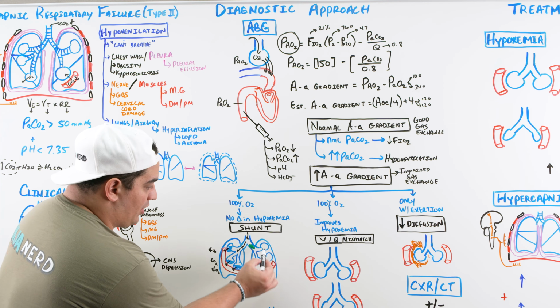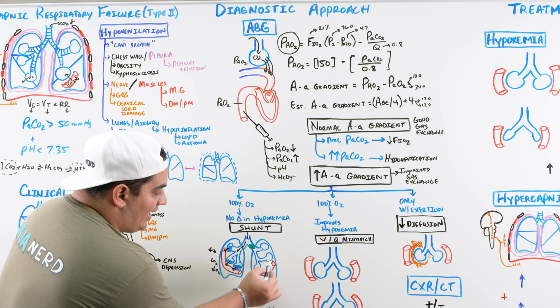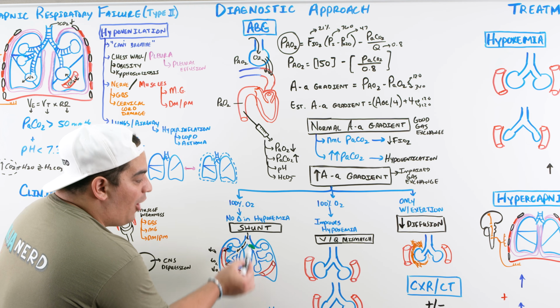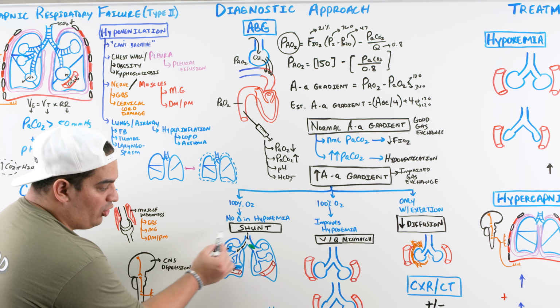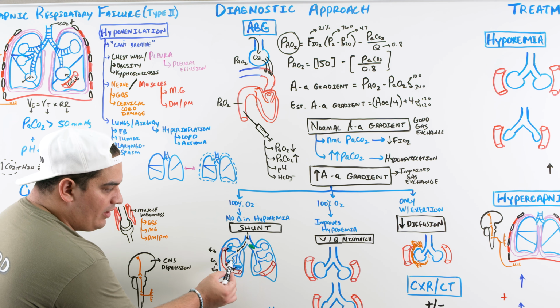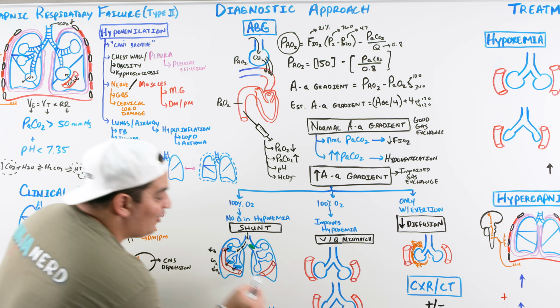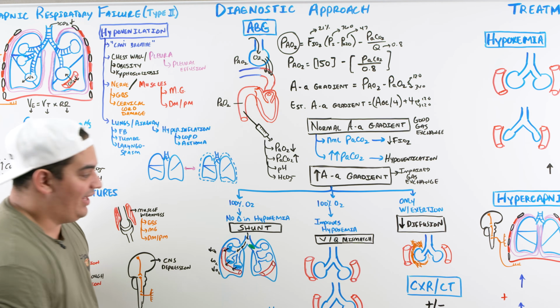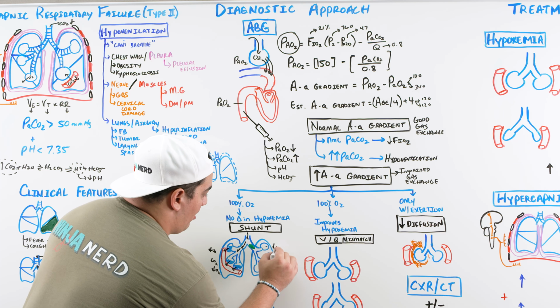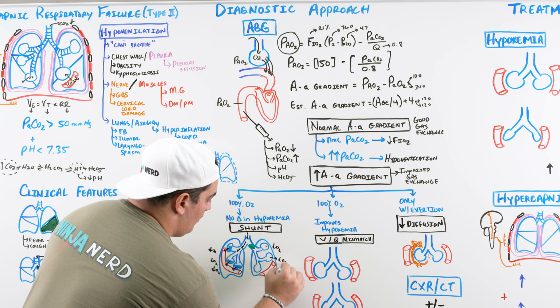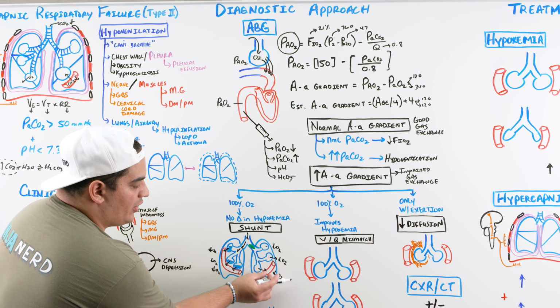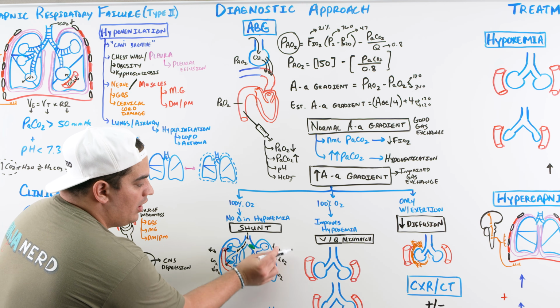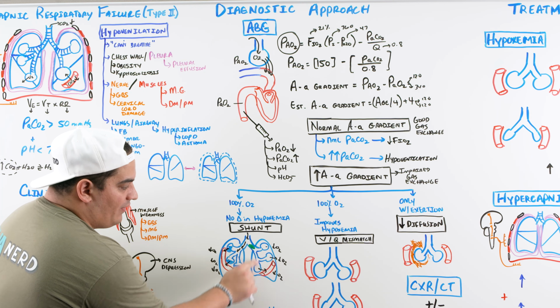Same thing in this situation. No O2 is getting to these alveoli. So no matter how much oxygen I try to increase to better ventilate that entire lung, all I'm going to do is just shunt it over to the right lung. So I might get a little bit of ventilation, but still, this entire left lung is not going to get ventilated. And so because of that, I'm going to develop a massive drop in the O2 because I'm not going to be able to pulmonary vasoconstrict any of the actual vessels to redirect to other areas of this left lung.